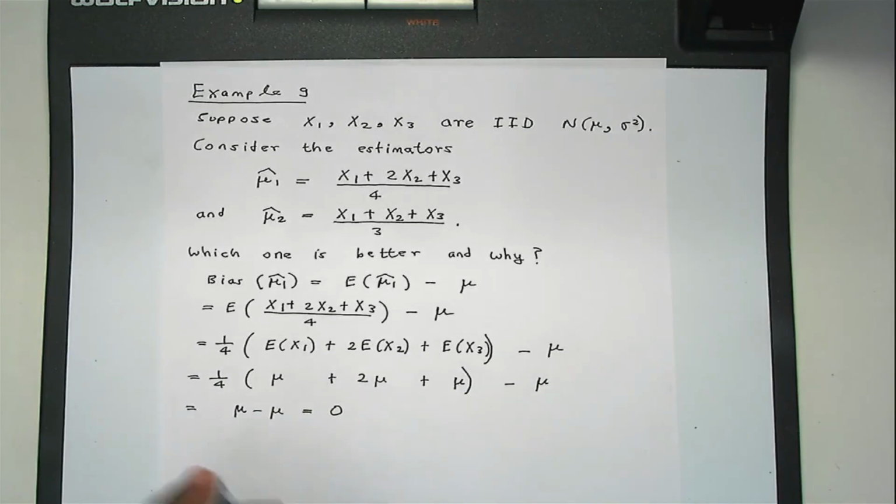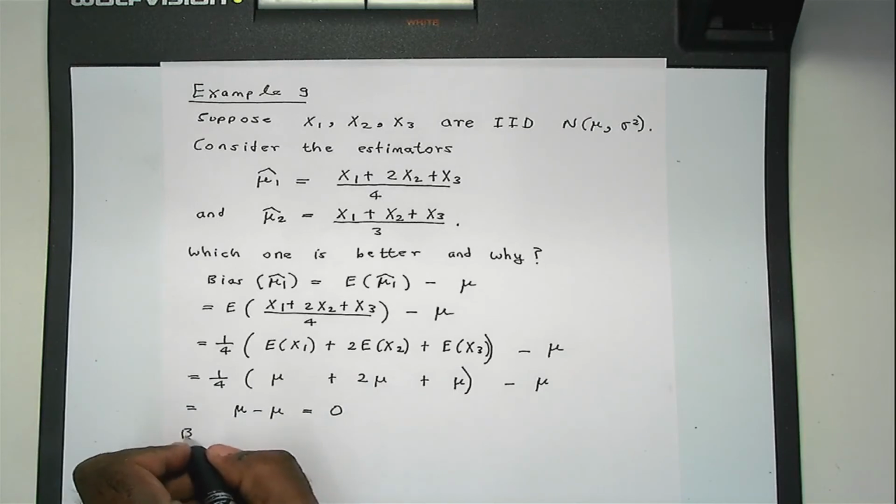Right? Now let's find the bias of the second estimator.